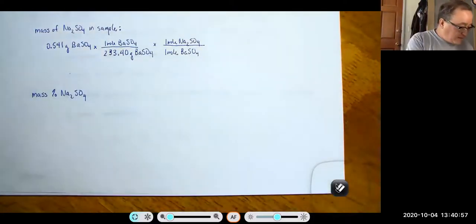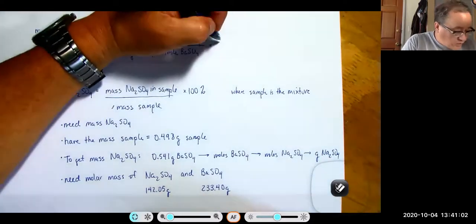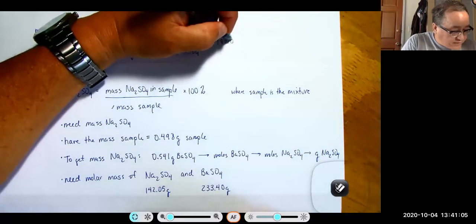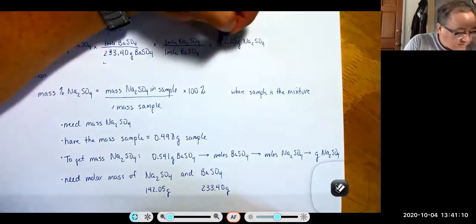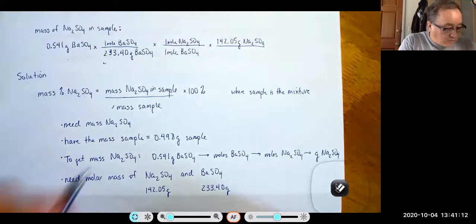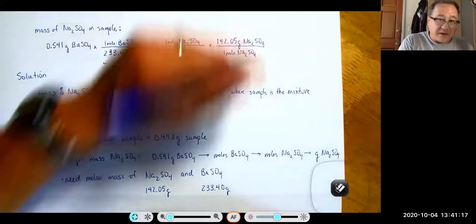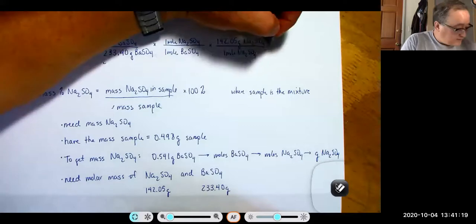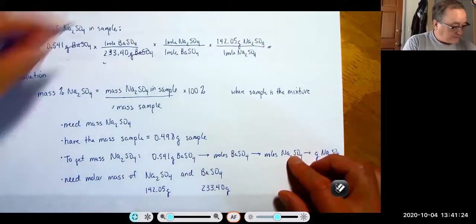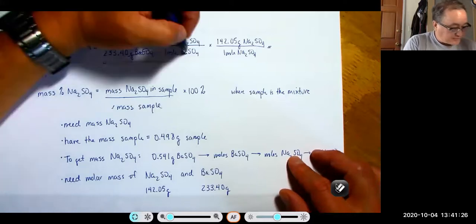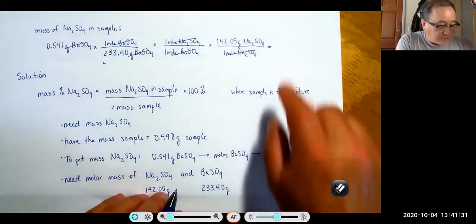Okay, and then finally, we need the molar mass of sodium sulfate, and we're going to put 142.05 grams of sodium sulfate on the top. And we're going to put 1 mole of sodium sulfate on the bottom. And since this cancels, and since this cancels, we're going to be left with grams of sodium sulfate.